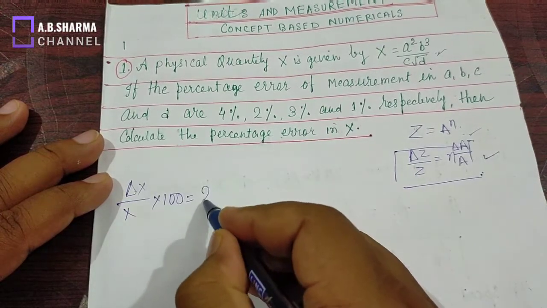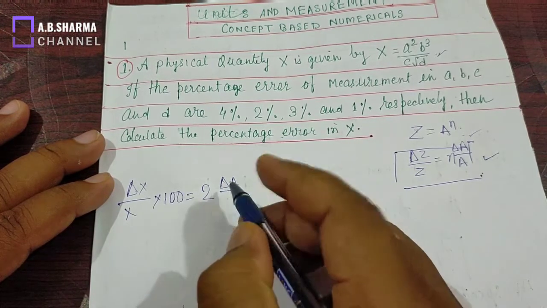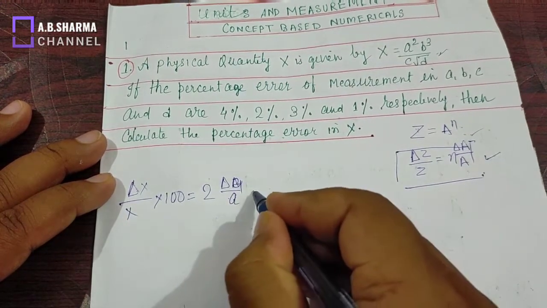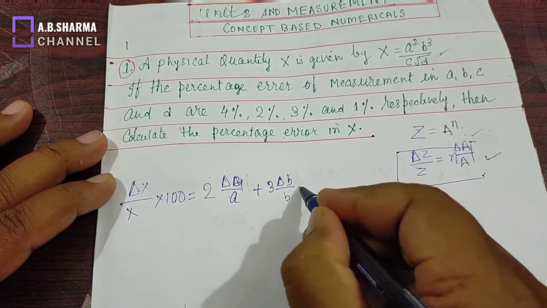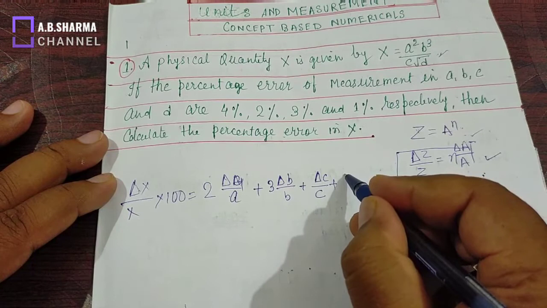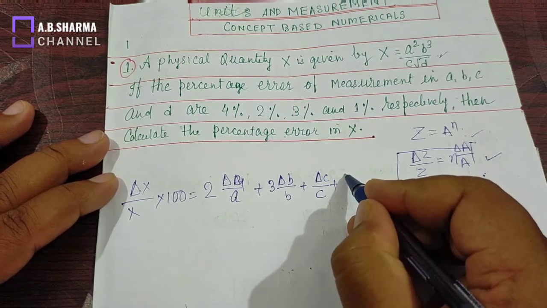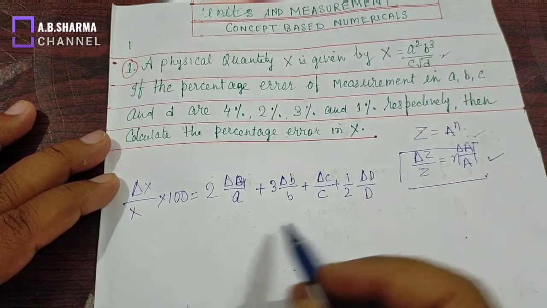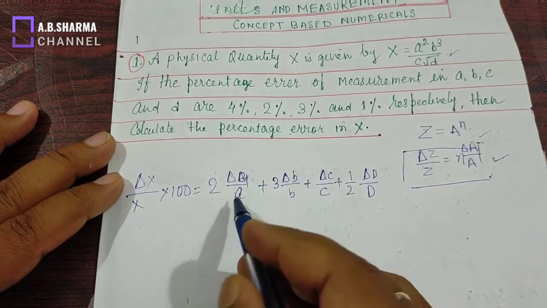So this is 2 delta A upon A plus 3 delta B upon B plus delta C upon C, and plus, under root is power 1 by 2, that is 1 by 2 delta D by D. This is the formula for calculating percentage error.